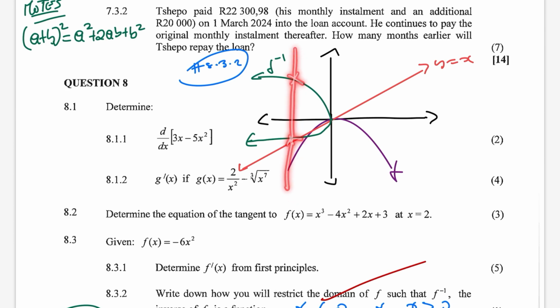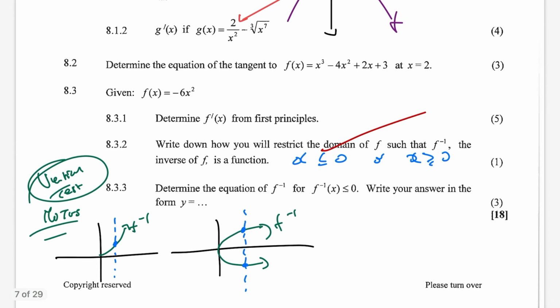Why? Because it touches twice. And that's why they were asking you the question of when this could be a function. It is a function whether x is less than 0 or x is greater than 0. Either one is fine.